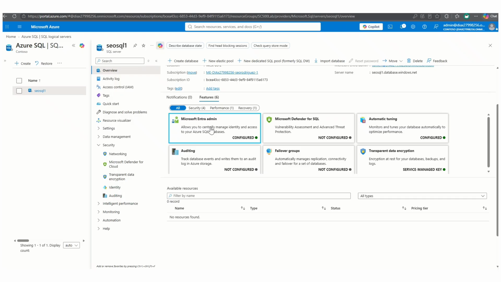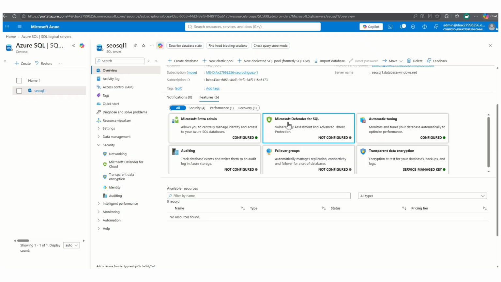Okay. We see that auditing is not configured, and auditing will track database events and write them to an audit log in your Azure storage. And this is another important piece for the exam as well.